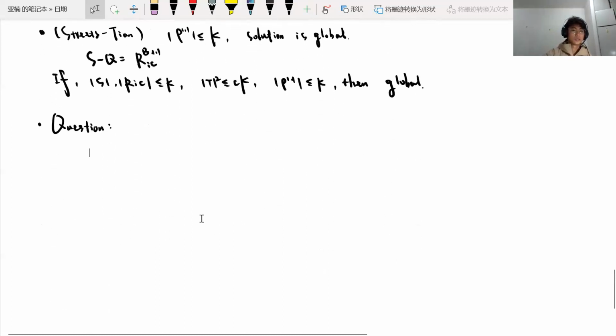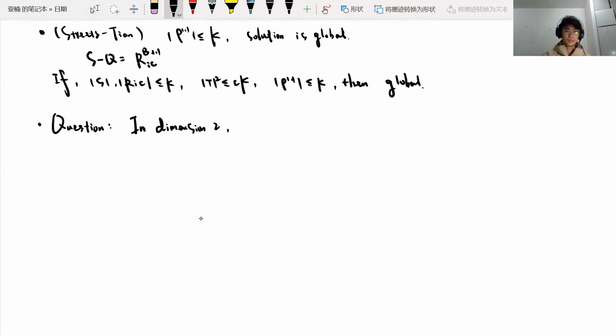So I'd like to ask a question: in dimension two, if the Chern scalar curvature is bounded, then is the solution global?